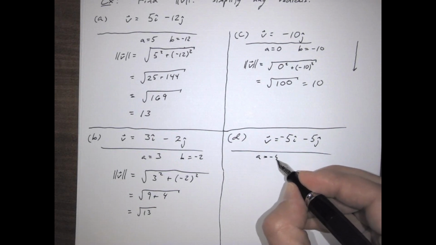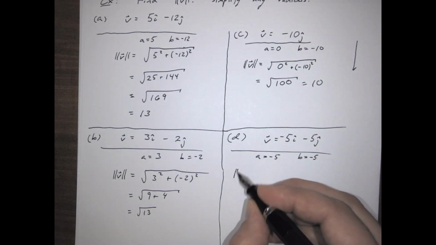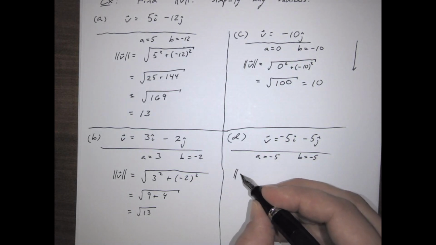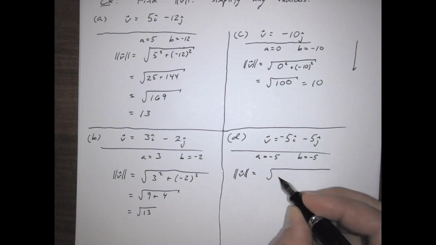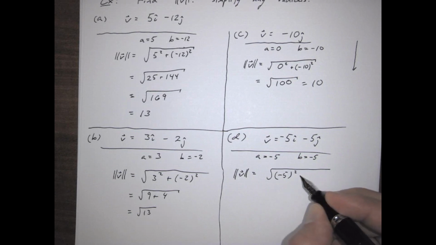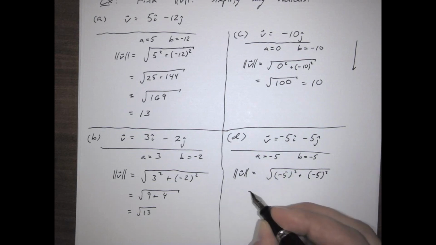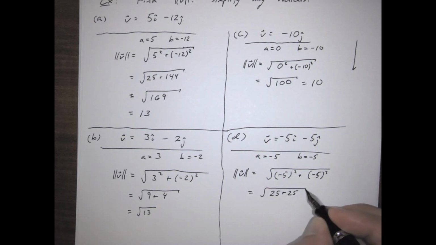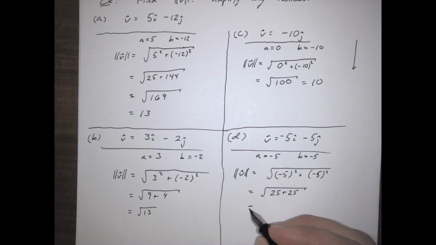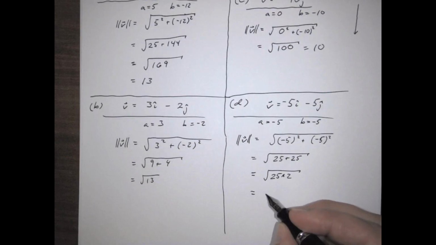All right, so a equals negative 5, b equals negative 5 as well, and then the magnitude, though it's also often pronounced the absolute value, is equal to the square root of negative 5 squared plus negative 5 squared, which is just going to be 25 plus 25, which is easiest for me to work with if I express it as 25 times 2, and then I can break it up into two pieces.